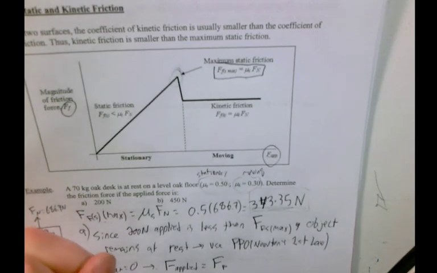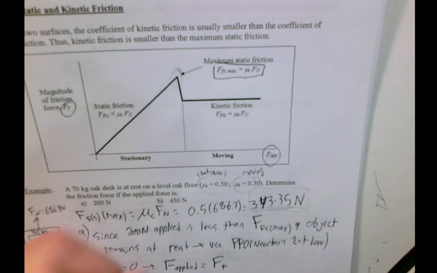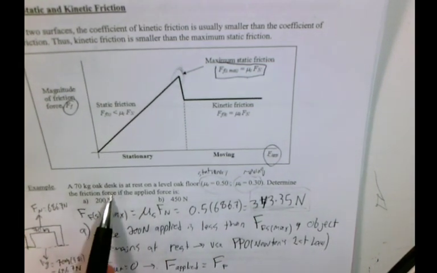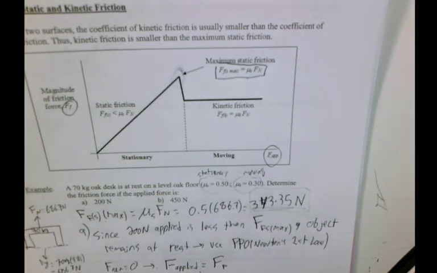So the force of static friction is equal to the applied force of 200 newtons. Right? We're pushing it with 200 newtons. It's not moving. Since it's not moving, we know there's no acceleration. Net force is 0. Applied force is force of friction. Right? That's our first situation.